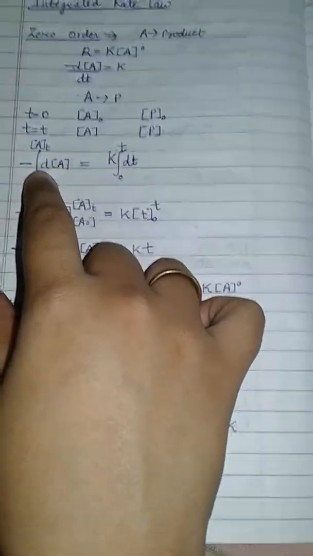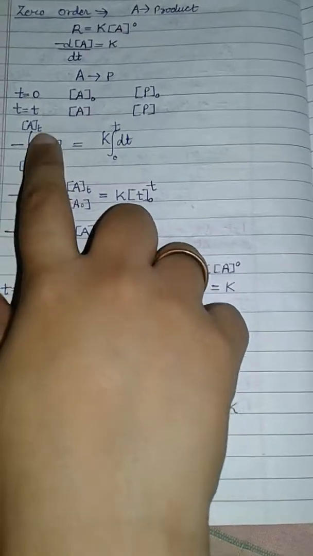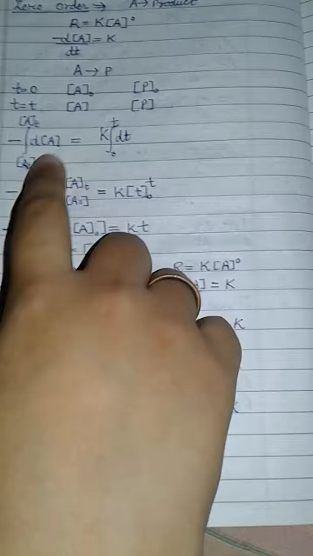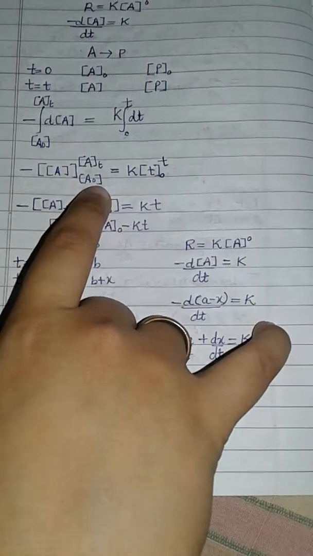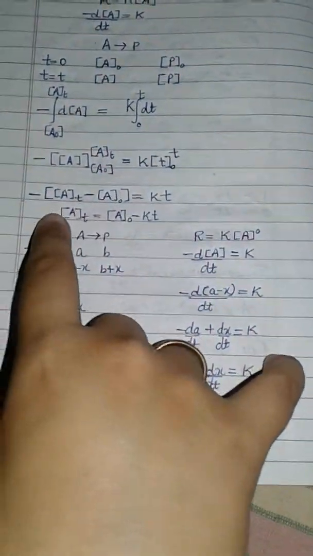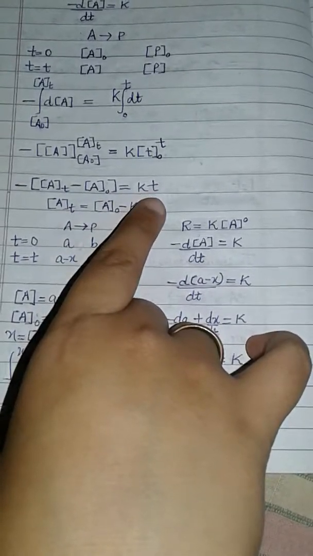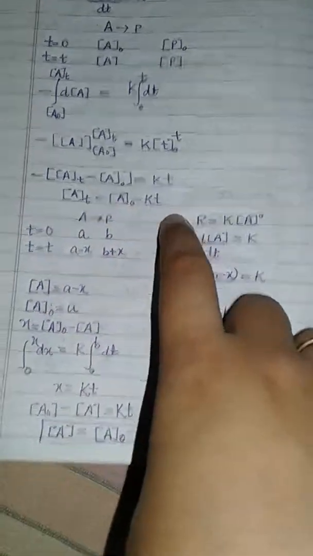Now integrating on both sides, we get the integral of dA from A naught to A t, and k integral dt from 0 to t. Then minus A t minus A naught is equal to kt. Then on rearranging, A t is equal to A naught minus kt.